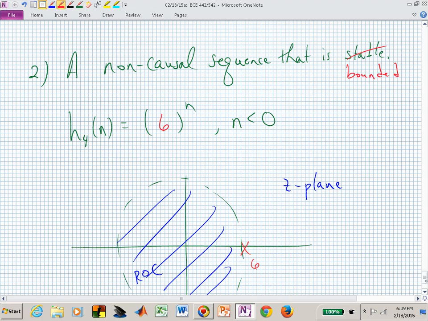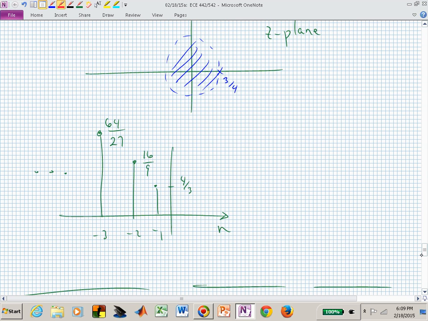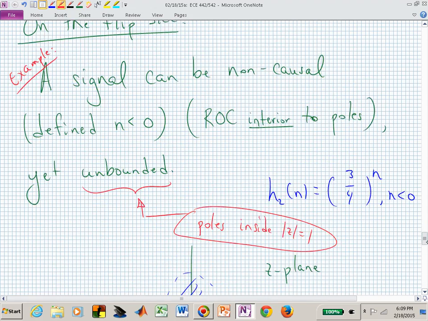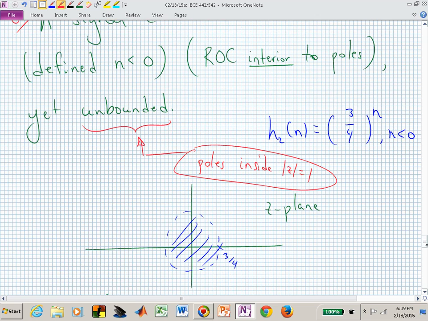Which one? This one? What about it? So the values are getting smaller as they approach 0 in n, but as n gets more and more negative, you now have 3/4 to the minus 1, which is 4/3.